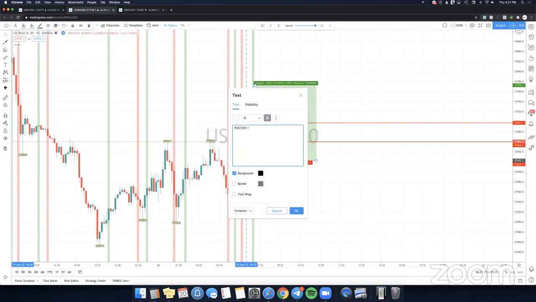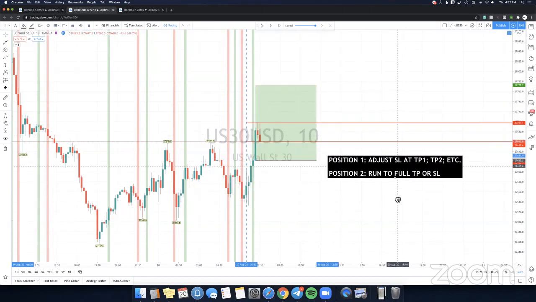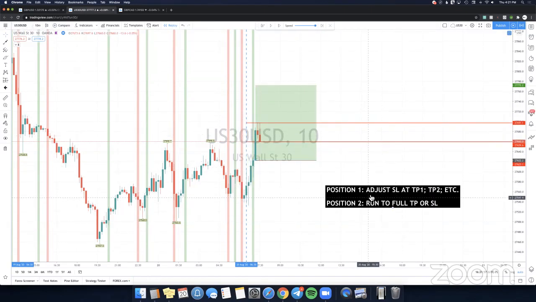Position 1: adjust stop loss at TP1, TP2, etc. Position 2: onto full TP or stop loss. So this is the way that I trade.